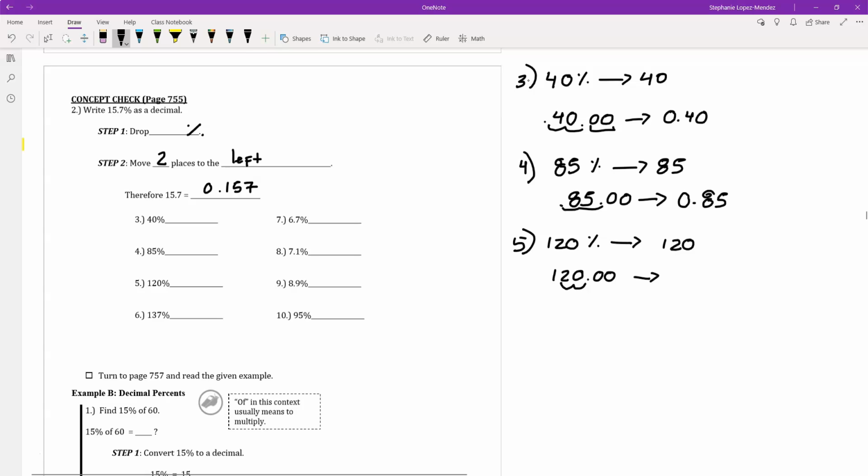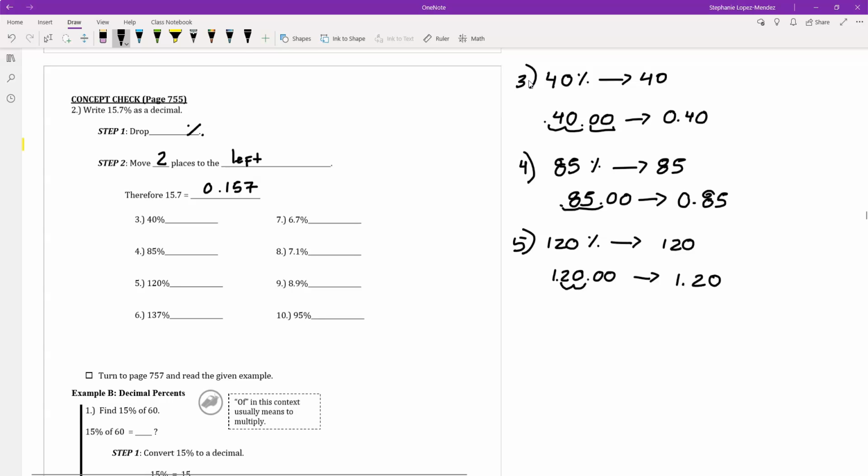Now what's different here is that we are not going to add any zeros because we still have 1 on the left side. So when we move the point 2 times, we only move it from after 0 to before 0 and 2. So 1.20.